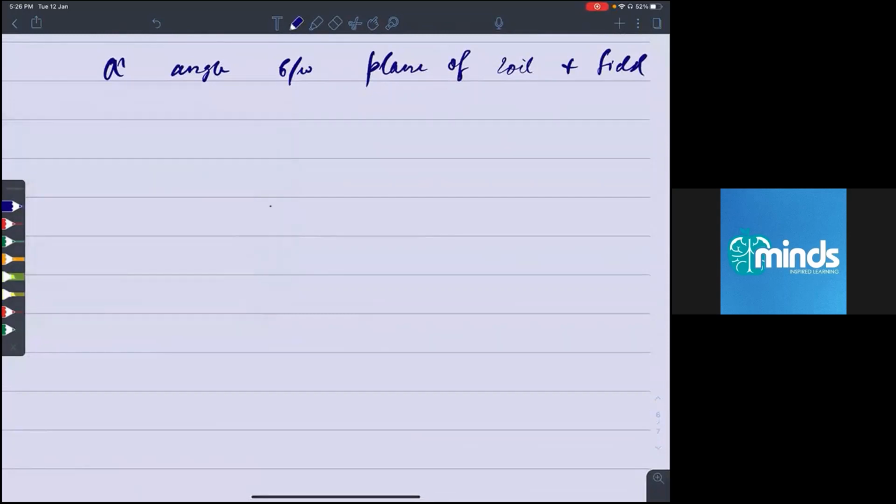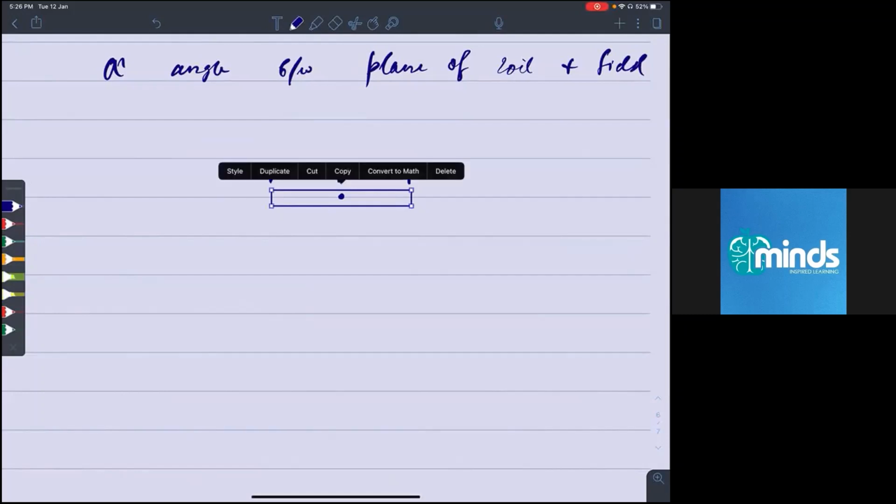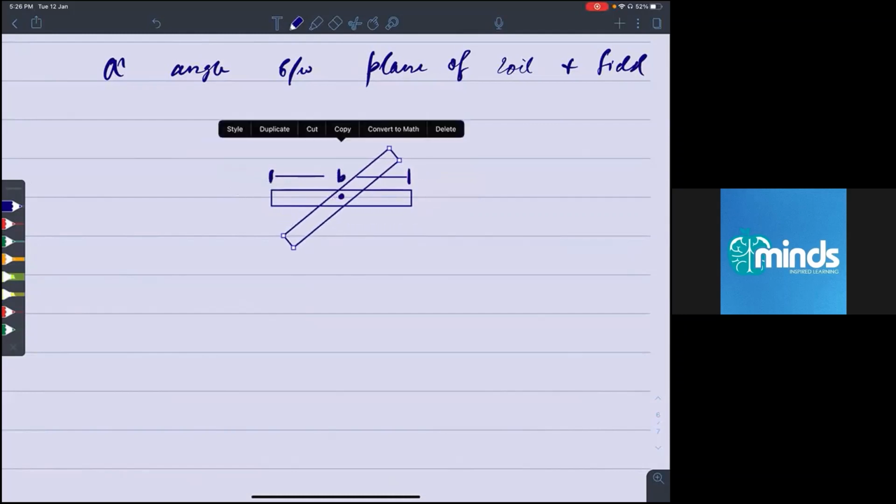See, the original position of the coil is like this. This is the axis across which we are doing the working. So we can say this distance is B. Now what will happen? The coil will rotate. When the coil rotates, let's say it acquires some position like this.